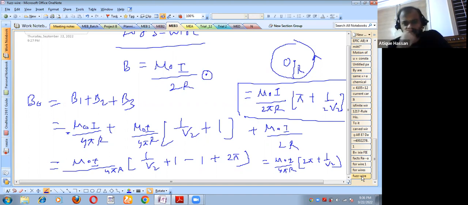With 4 pi r, we got 2 pi plus 1 by root 2, and mu naught I by 2r. So we get mu naught I by 2 pi r, 2 pi plus 1 by root 2.